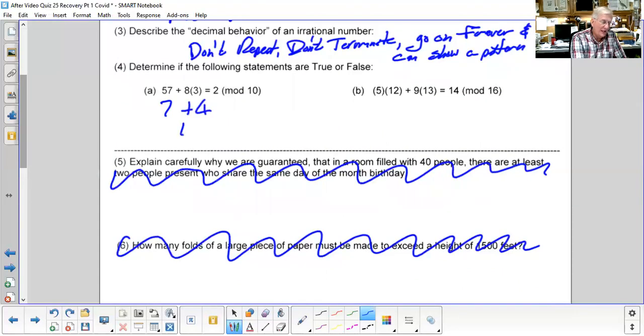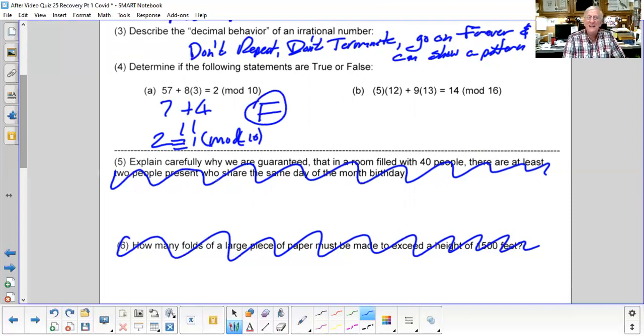So I get 11 here. And 11 is just what? 1 mod 10. Well, that's not equivalent to 2 mod 10. So the answer to this is false. That's a very easy question, particularly because it's in mod 10.